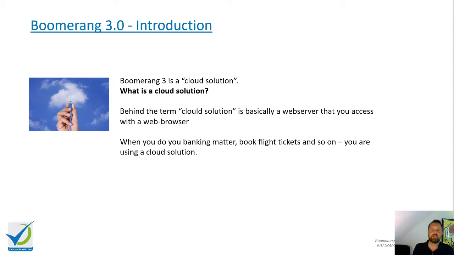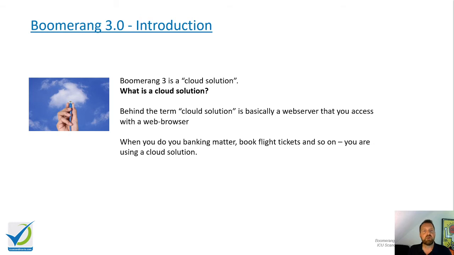So if you have, for example, ordered flight tickets, done your banking matters, book movie tickets, all these types are kind of a cloud solution. That is that you access everything with your browser and a login, and you don't need to install any application or program or similar on your local computer.